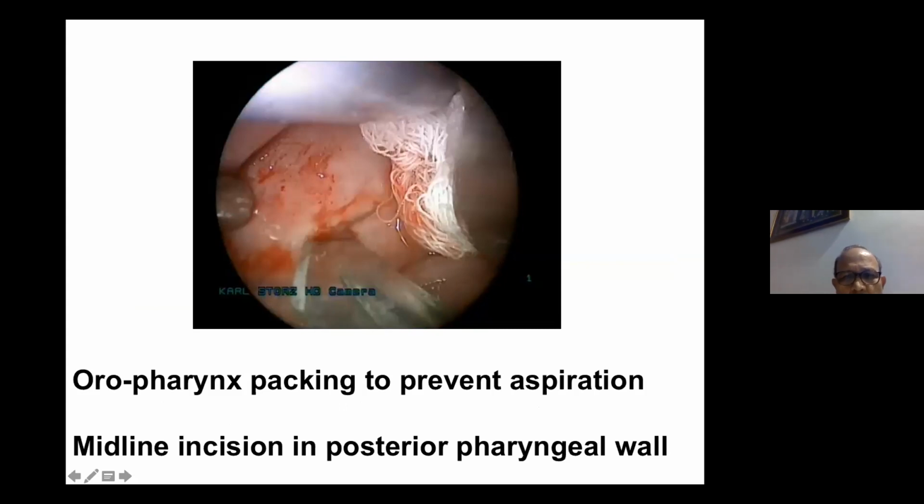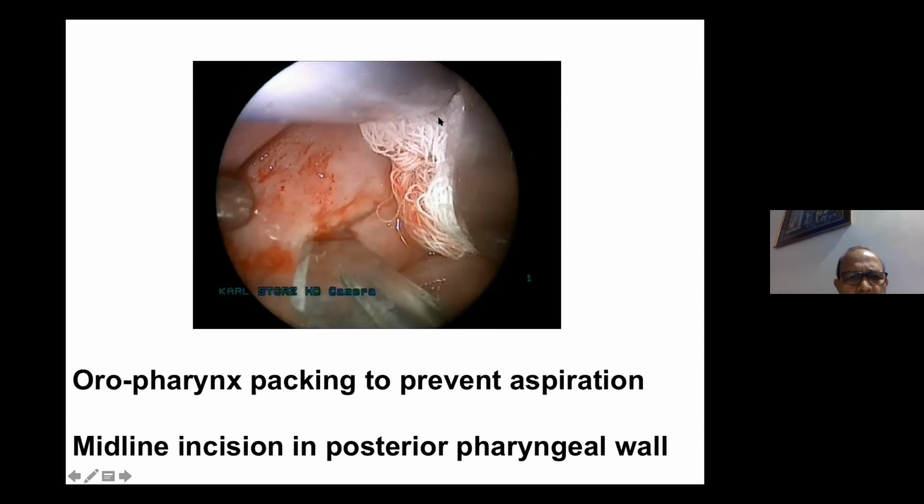Also keep a gauze piece and pack the oropharynx. Otherwise, secretions or blood from here may go into the trachea. So pack it very nicely. This is an important step to prevent aspiration.